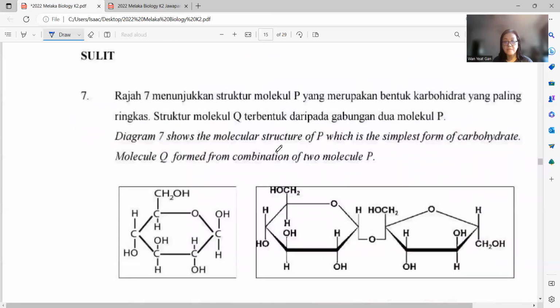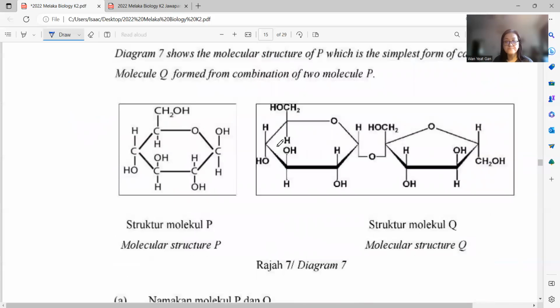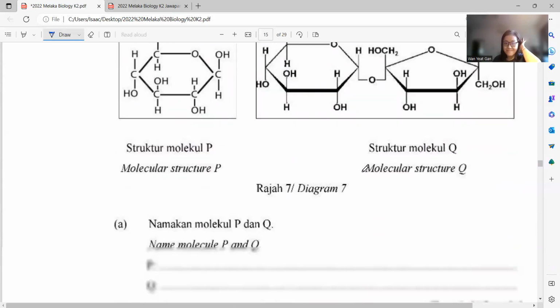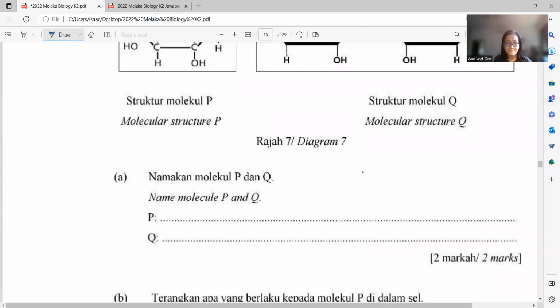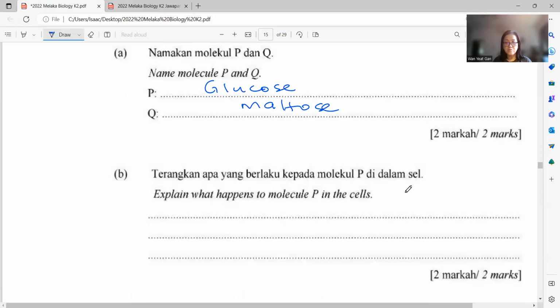Okay, question 7. Diagram 7 shows the molecule structure of P, which is the simplest form of carbohydrate. Molecule Q is formed from the combination of two molecules. So this is glucose, and this is maltose. Explain what happened to molecule P in the cell. Now, molecule P is glucose.